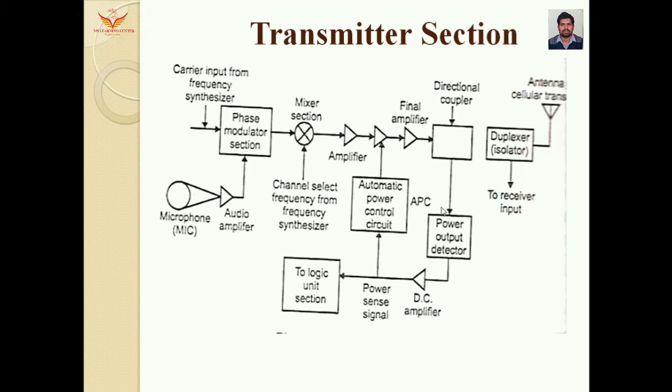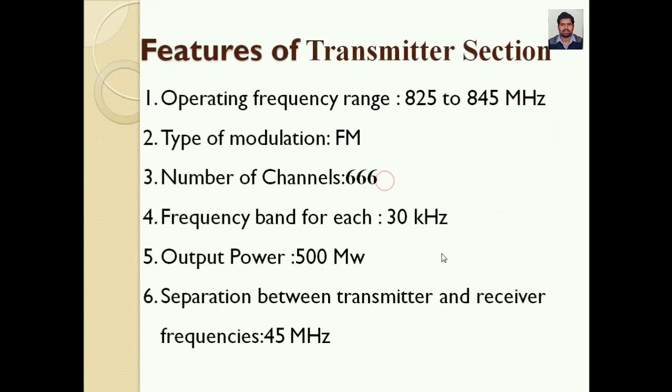The most important point is the features of the transmitter section. First, the operating frequency range of the transmitter section is 825 to 845 megahertz. The next feature is the type of modulation. For the transmitter section, it uses frequency modulation techniques.